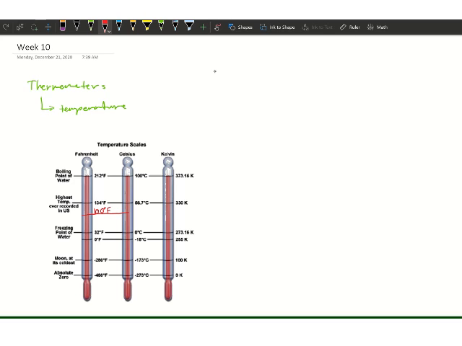If you do the conversion, 100 degrees Fahrenheit is about 37.8 degrees Celsius. At this temperature, they thought that this is the normal temperature for a person. So the reference used for the Fahrenheit scale is that 0 is the freezing point of a certain mixture of salt water, and 100 is the person's normal temperature.